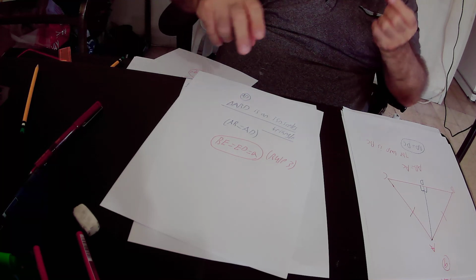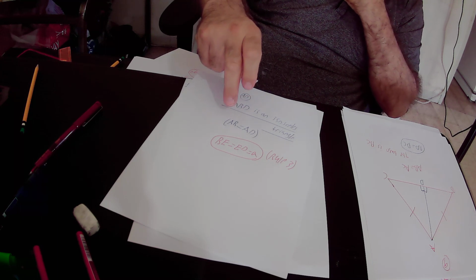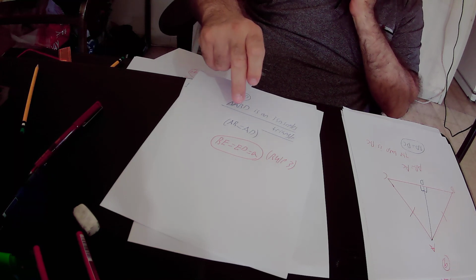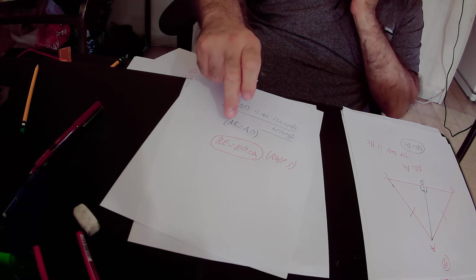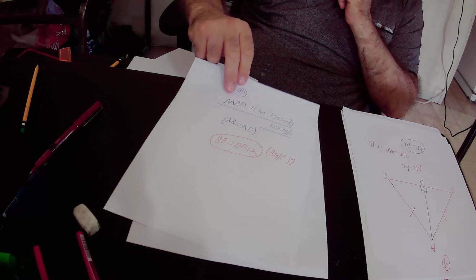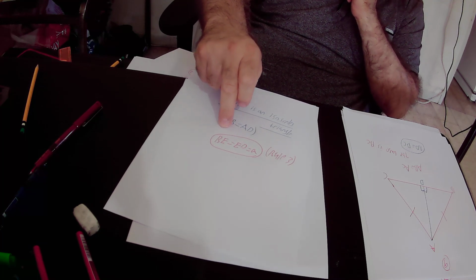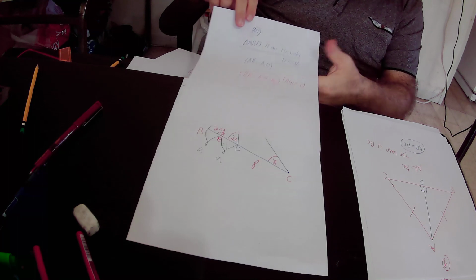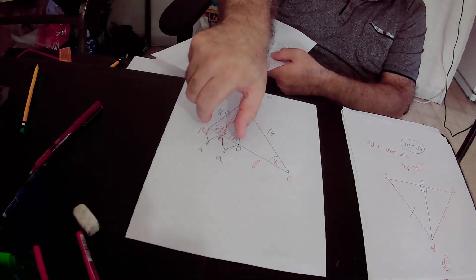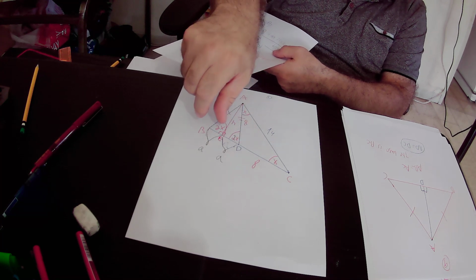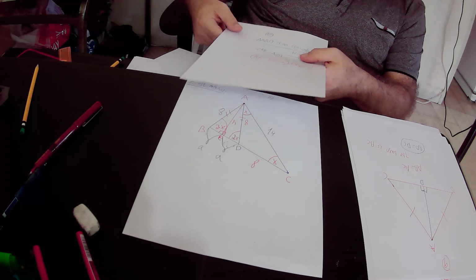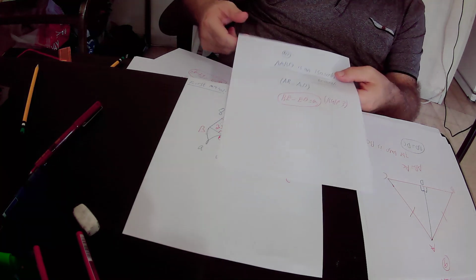And if we draw a perpendicular to the base in the isosceles triangle ABD, then this perpendicular will divide the base BD into 2 equal parts, that is to say BE equals ED, according to rule number 3.